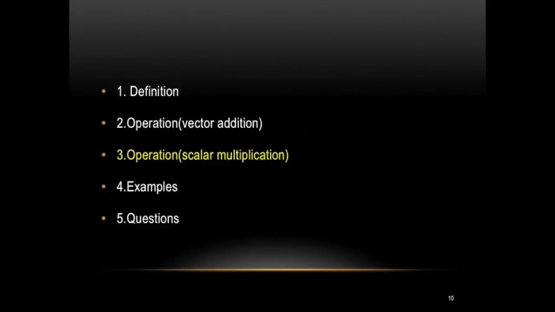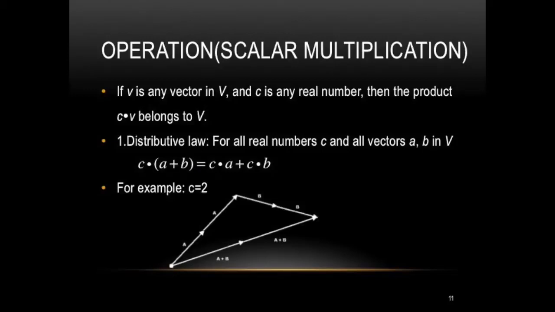And thirdly, we will talk about the operation of scalar multiplication. If V is any vector in set V and C is any real number, then the product C dot V belongs to the set V, where V is the vector space.